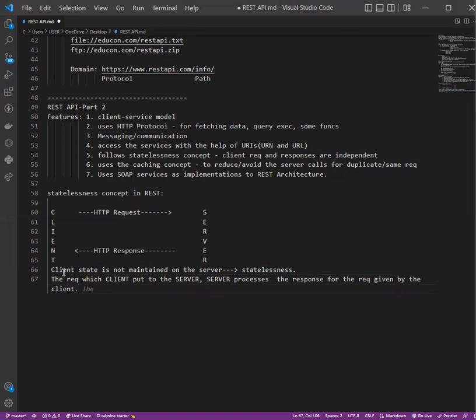Requests and responses are not dependent on anything. So these are independent. For this reason, this statelessness concept is in REST. So these are the REST API features, and in this, the statelessness concept in REST.